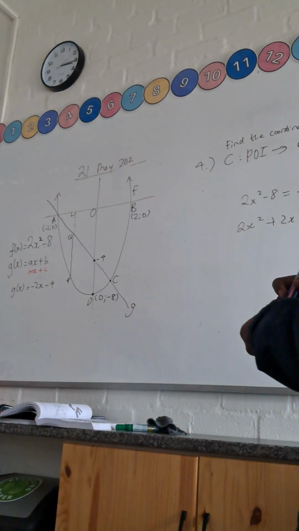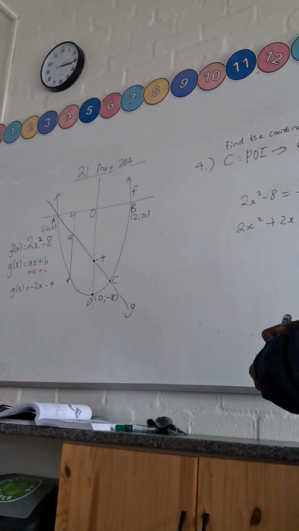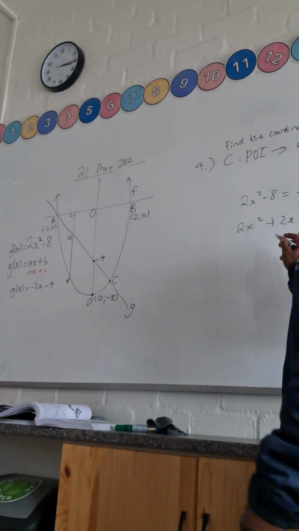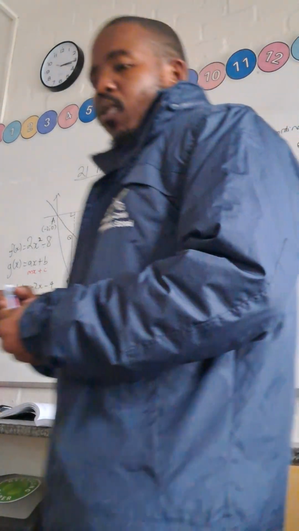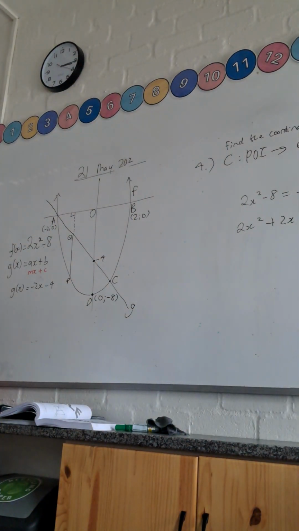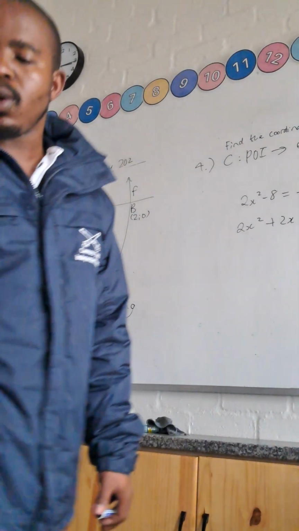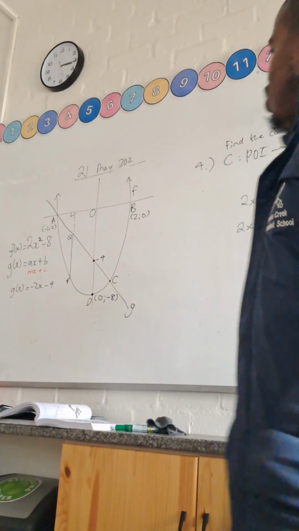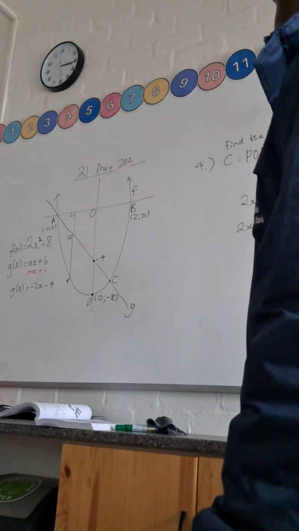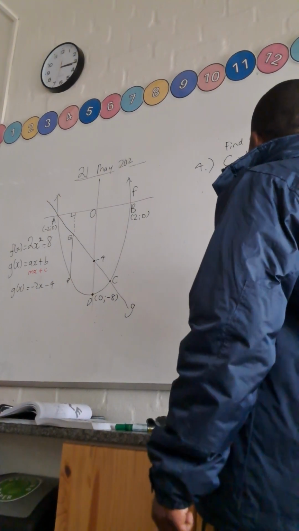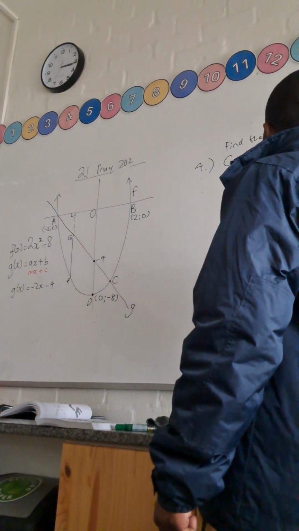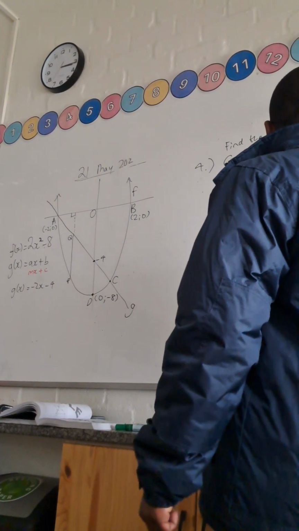The one's the straight line, the one's the parabola. We equated them, and now we're going to solve for x. It's going to end up being a quadratic equation. So now this becomes 2x squared plus 2x minus 4 equals 0.